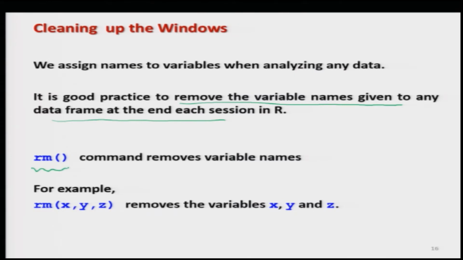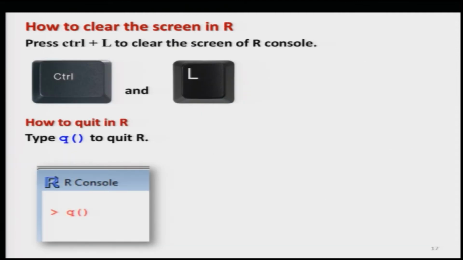If you want to remove a variable, suppose there is some variable x, you have to write rm, inside the parenthesis you have to write x, and if there are more than one variable, suppose there are 3 variables, small x, small y and small z, then I have to use the command rm. Inside the parenthesis I have to give all the names separated by comma, like x comma y comma z, and it will remove all the variables, right.